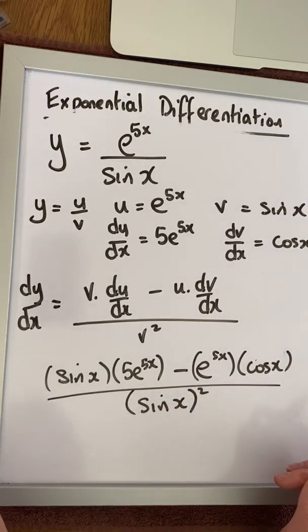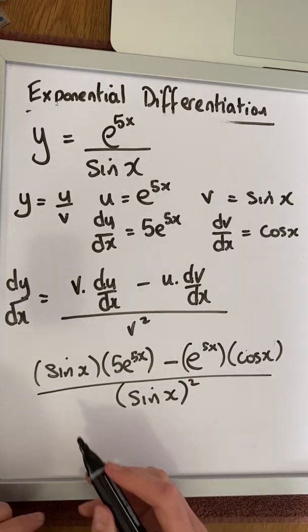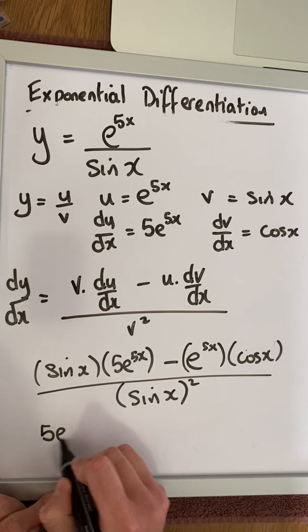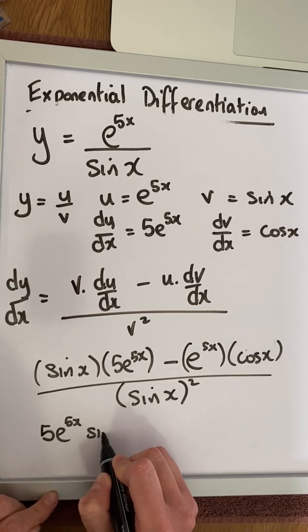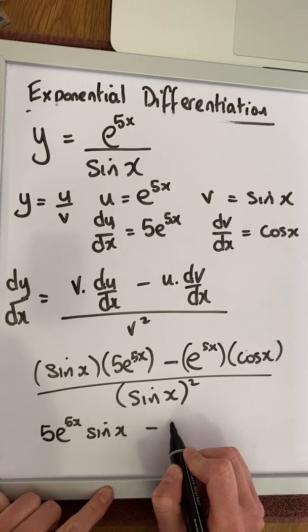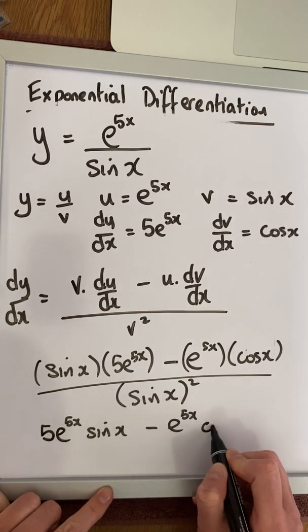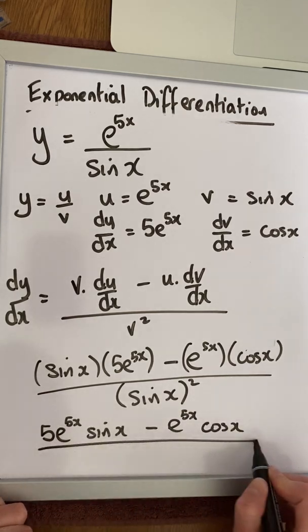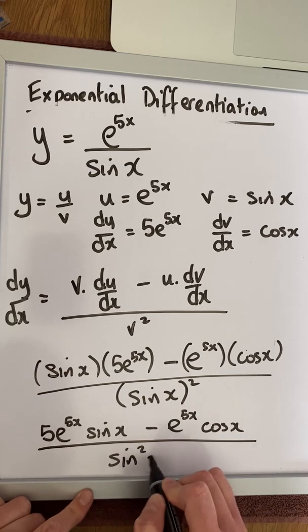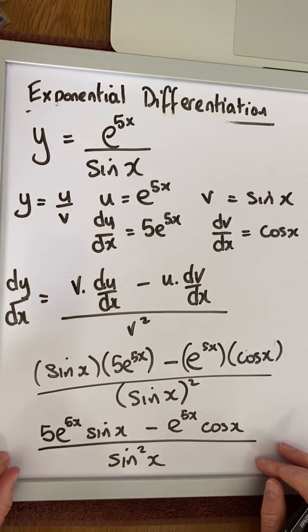Now, there's not much we can do in terms of simplifying that. All we can do is write it as 5e to the power of 5x sine x minus e to the power of 5x cos x all over sine squared x. That's one example of what we can do there.